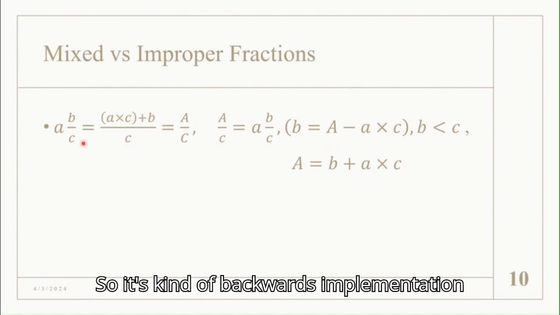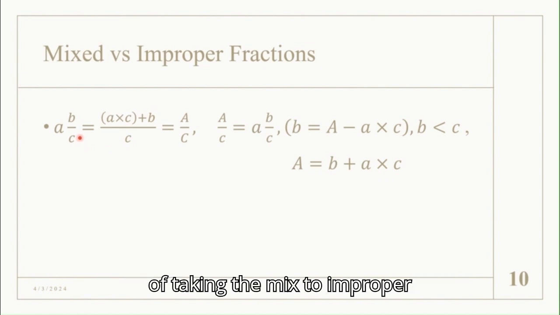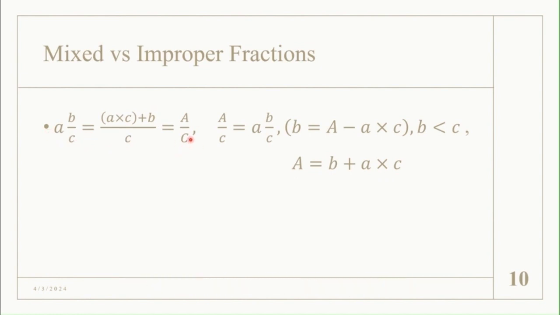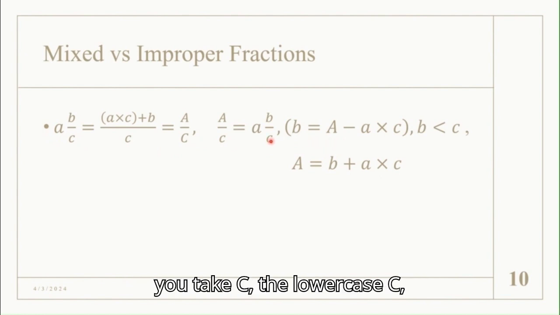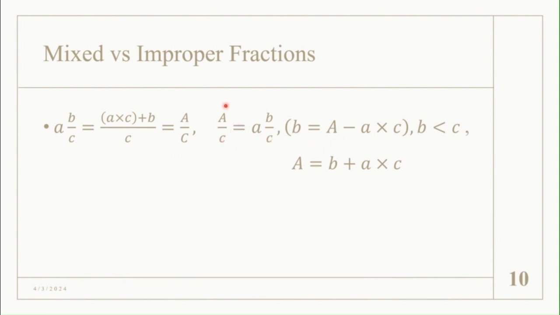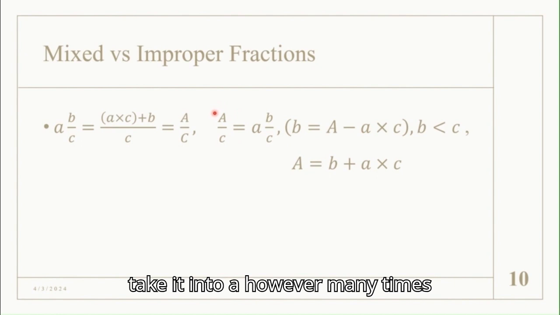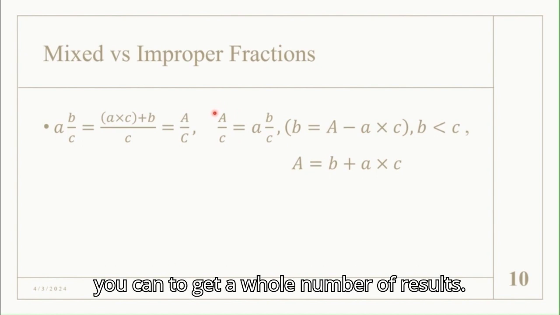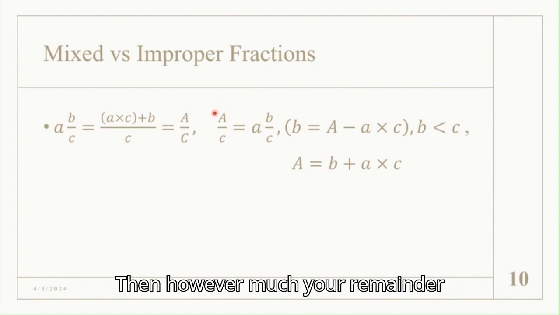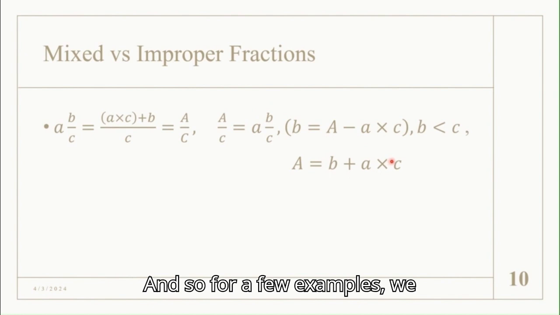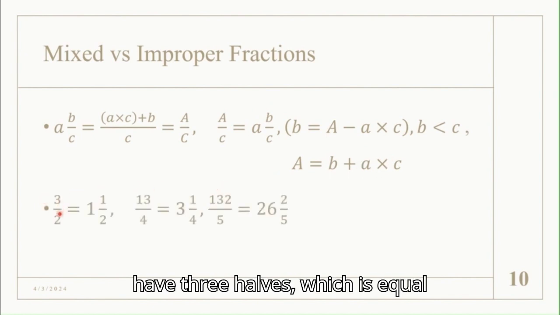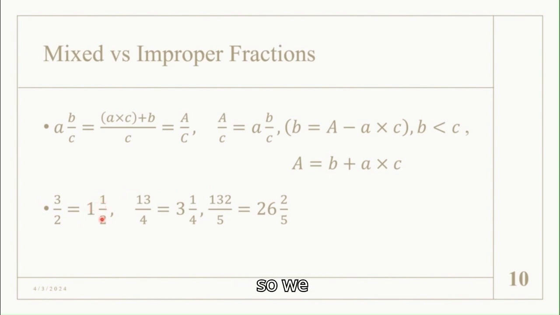So it's kind of a backwards implementation of taking the mixed to improper to get improper into mixed. And so you take C, the lowercase c, take it into A however many times you can to get a whole number result. And then however much your remainder is what your B is. For a few examples, we have 3 halves, which is equal to 1 and 1/2.